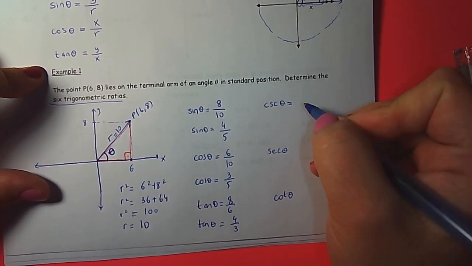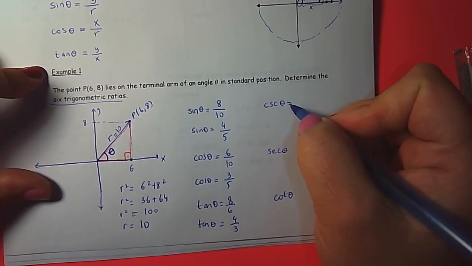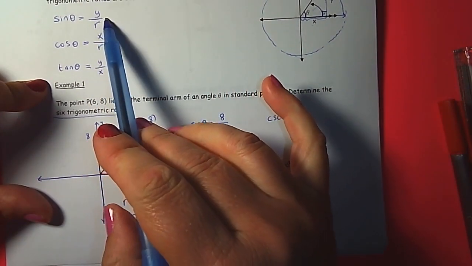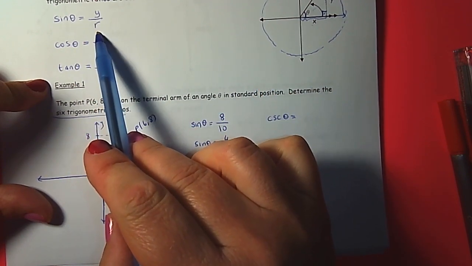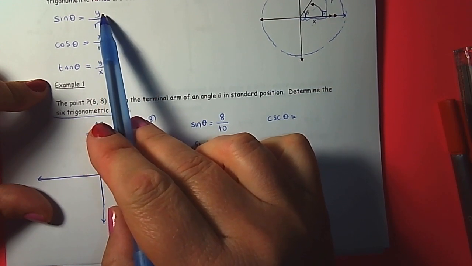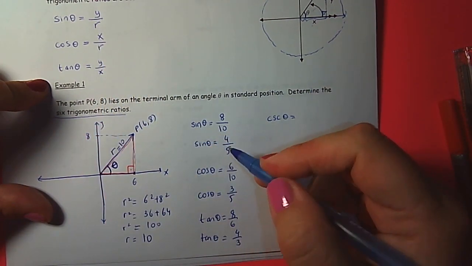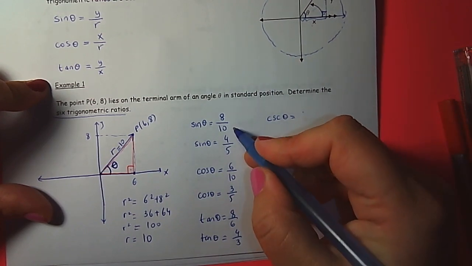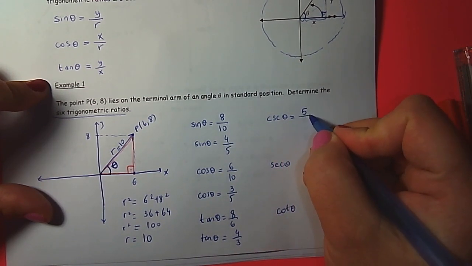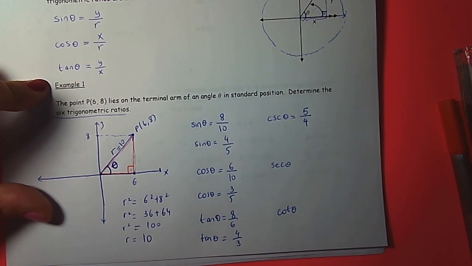So we know that cosecant theta is 1 over sine theta, or if we use these letters here, sine theta is y over r, so cosecant theta is r over y. Or we already have the sine theta here, we can flip the fraction, we can do 1 over 4 over 5, and that will give us 5 over 4.